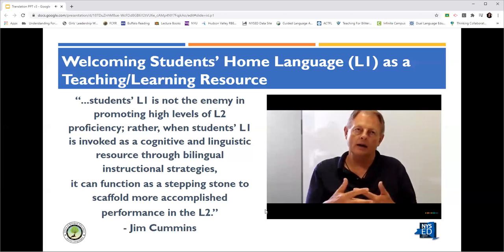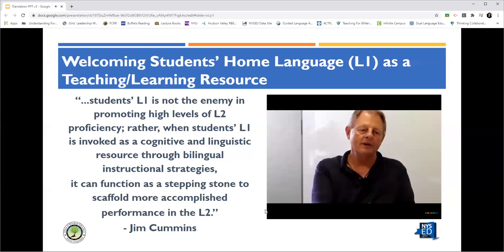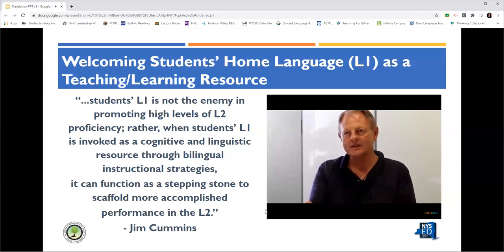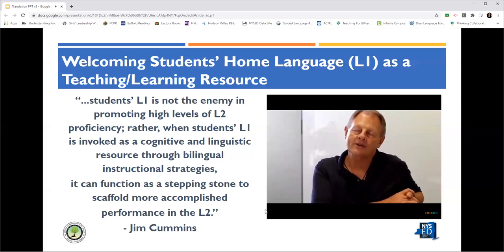This causes the students to look at how the two languages are connected, how you might say something in one way in your home language, but English is different. You've got to use a different structure to get across the meaning. And it causes students to talk about language, to become aware of how language works.